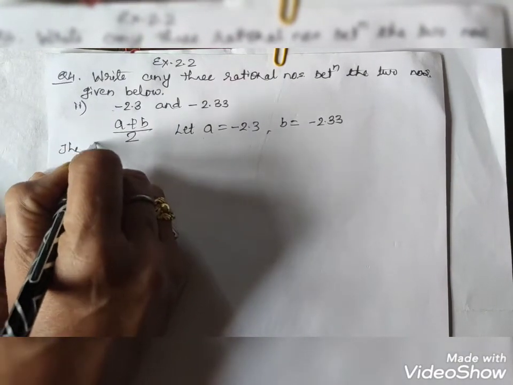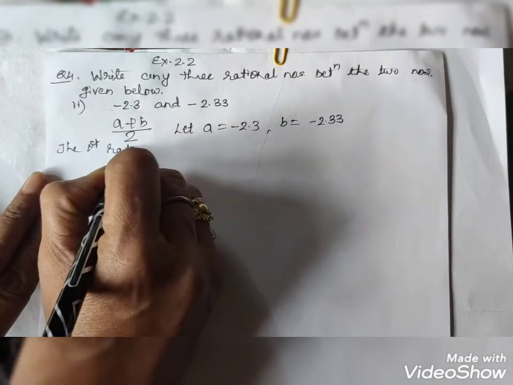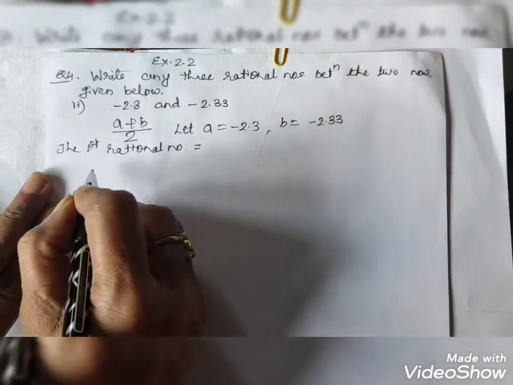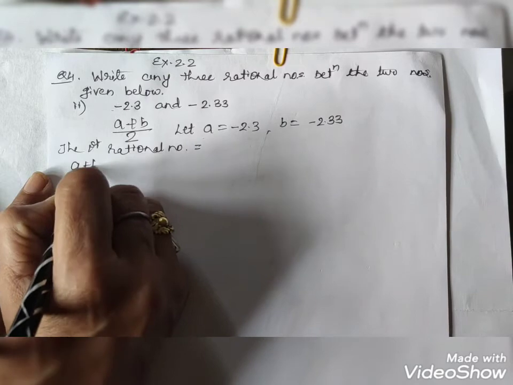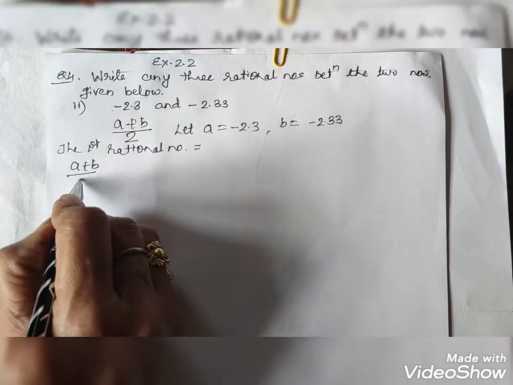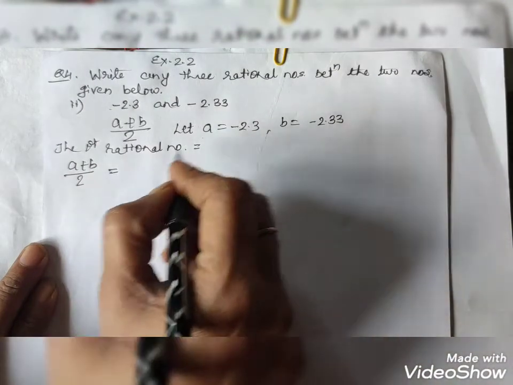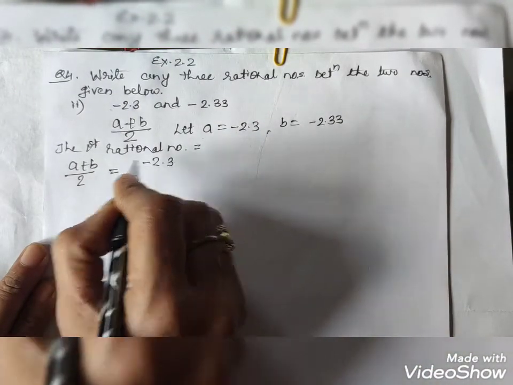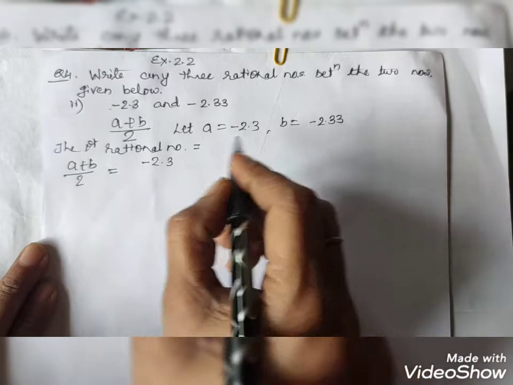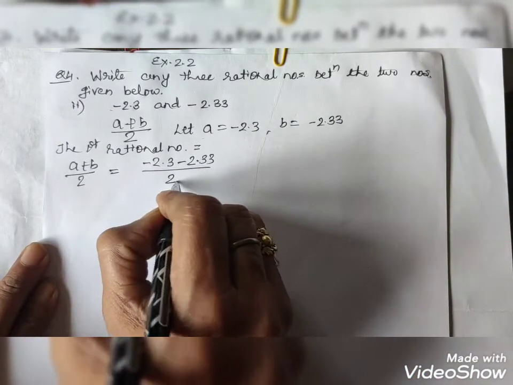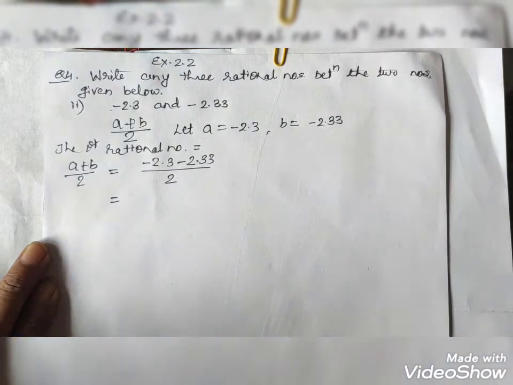We will write the first rational number. Your formula is (a plus b) by 2. What is your a? Minus 2.3. As here it is plus, this sign will not change, so I am directly writing minus 2.33, divided by 2. Now you simplify.